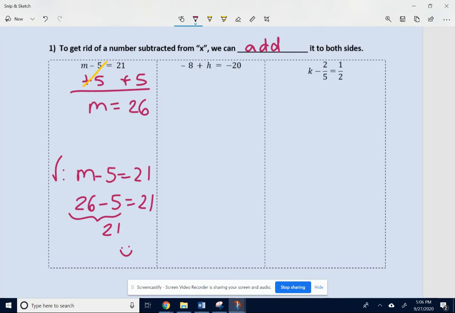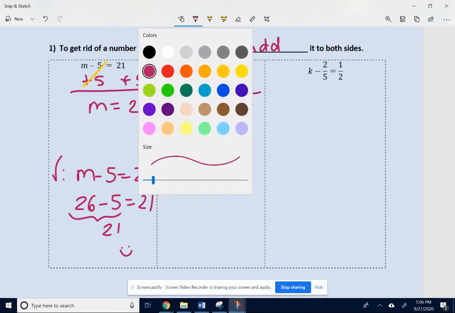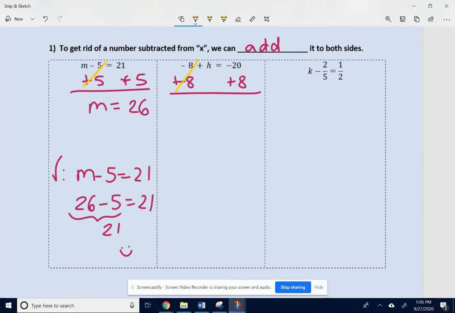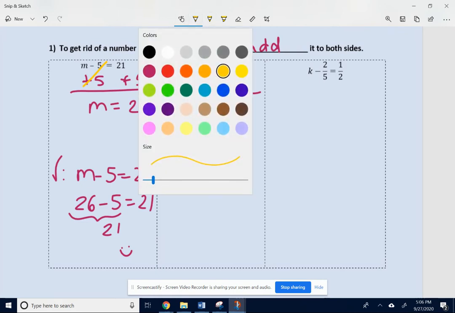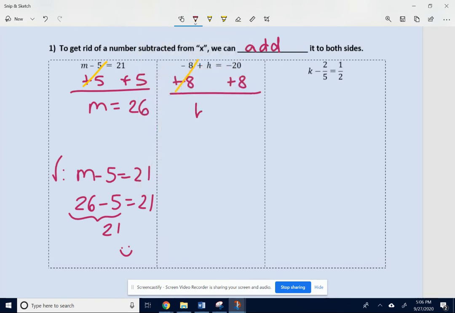So I'm going to treat this as a subtracted 8 plus h equals negative 20. To get rid of a subtracted 8, I'm going to add 8 to both sides. The subtracted 8 and the added 8 go away. We're left with h equals negative 20 plus 8.